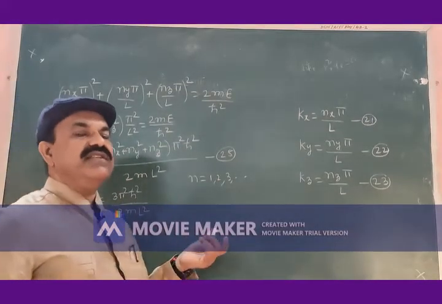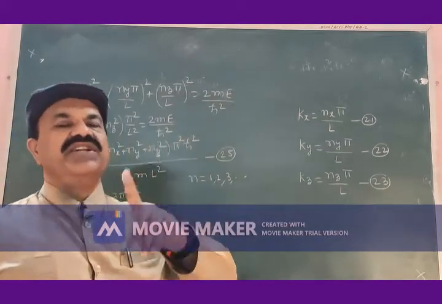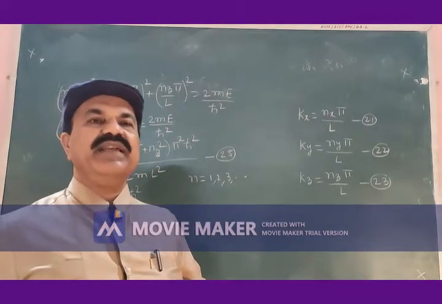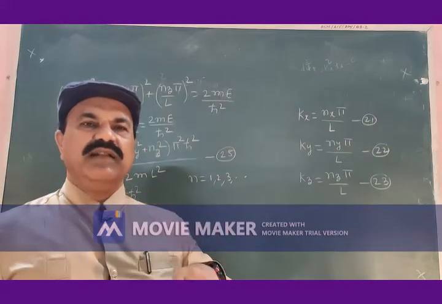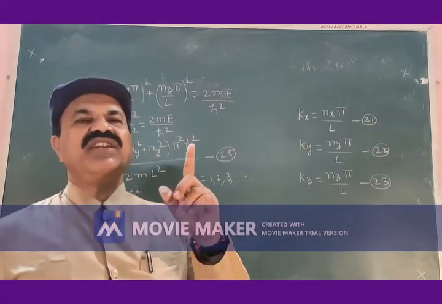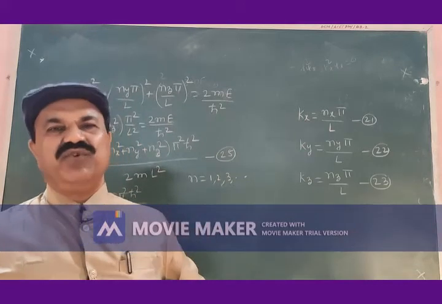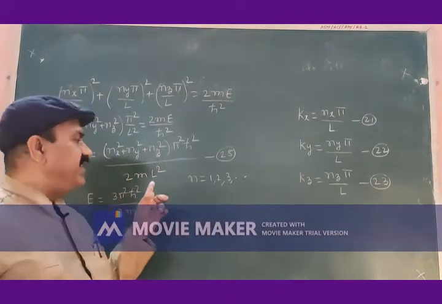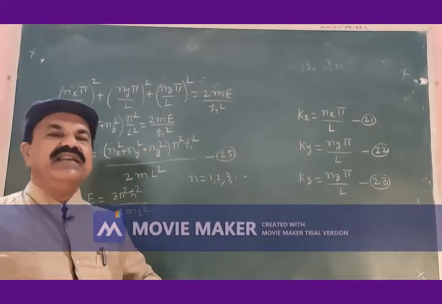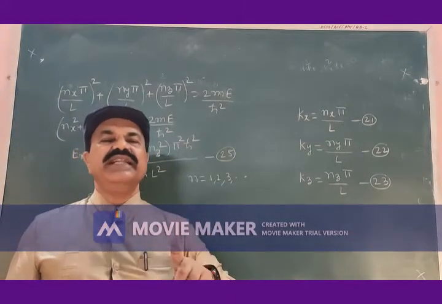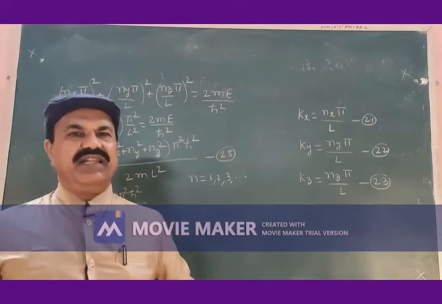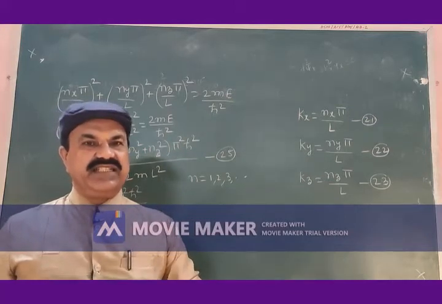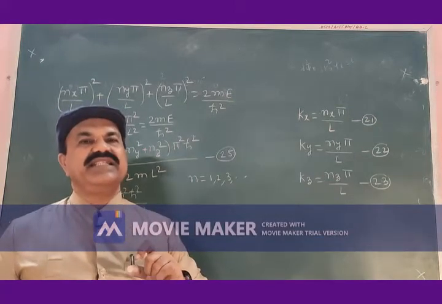This energy level is corresponding to a single energy state, and psi of xyz will be psi 1 1 1 with nx is equal to 1, ny is equal to 1, nz is equal to 1. This energy 3 pi square h cross square divided by 2mL square is corresponding to a non-degenerate energy level, as it has only one energy state. It is a non-degenerate energy level.